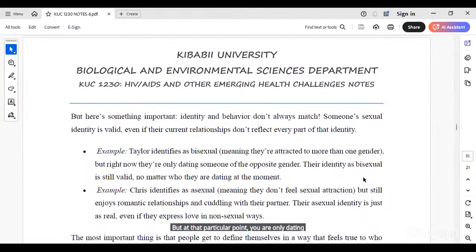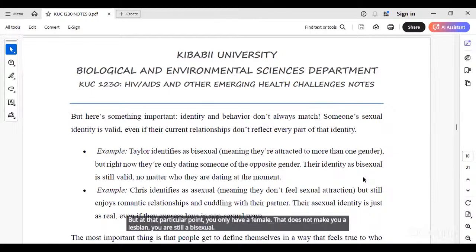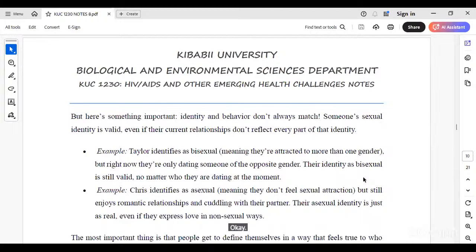You are a female attracted to both male and female, but at that particular point, you only have a female partner. That does not make you a lesbian. You are still a bisexual. Okay, because a lesbian will now be female to female. But in this case, it is only because you have found a girl, you have not found a guy. Okay. So the identity as bisexual will still be valid.